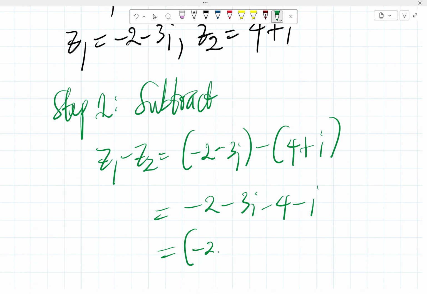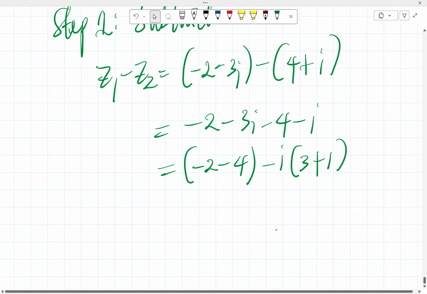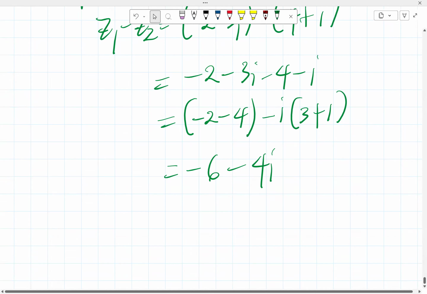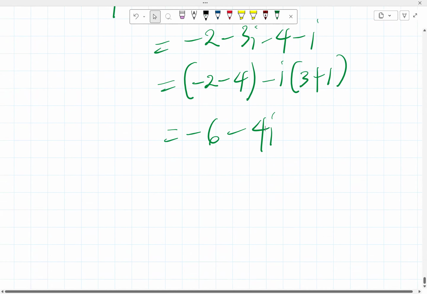That is minus 2 minus 4 for the real part, minus i into 3 minus 1 for the imaginary part. No, that'll be 3 plus 1, because minus is out here already. So this is equal to minus 6 minus 4i. So that's step 1.